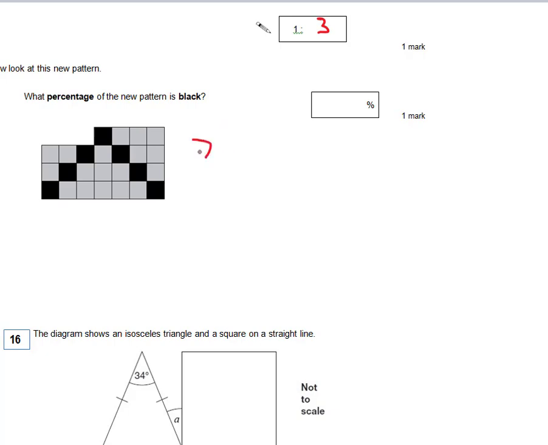There are 7 black squares in total, and there are 25 of these squares in total. I counted these earlier, so I didn't want to waste time. So 7 out of 25. It doesn't matter if they're black or grey, because it says what percentage of this pattern is black.